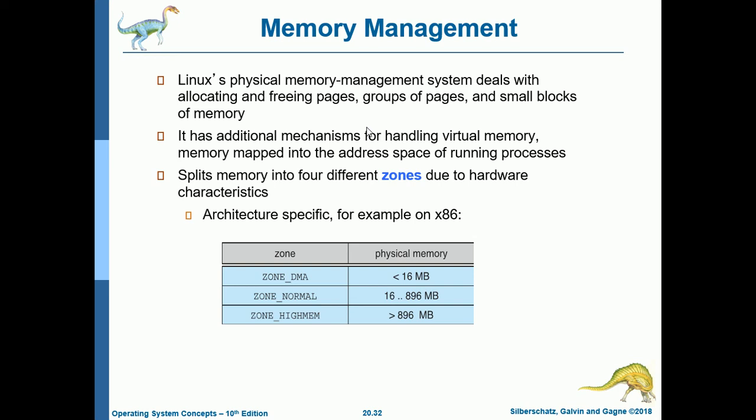Actually, it's architecture specific, for example on x86: ZONE_DMA, the direct memory access zone, is physical memory less than 16 megabytes. ZONE_NORMAL is from 16 to 896 MB. While ZONE_HIGHMEM, or high memory, is greater than 896 megabytes of memory.